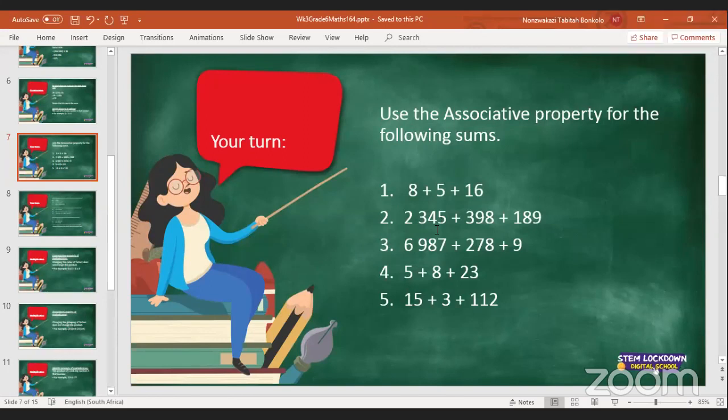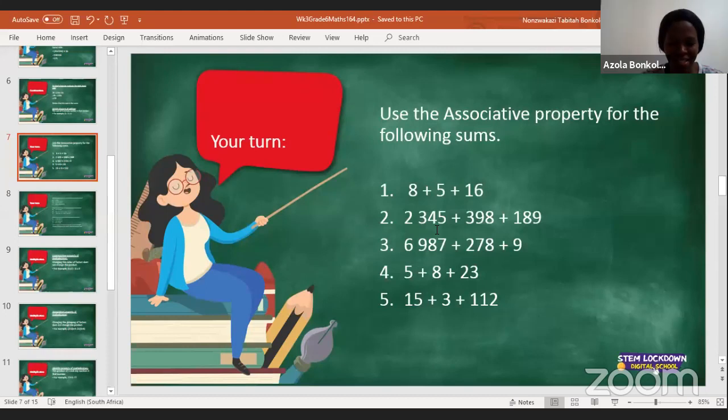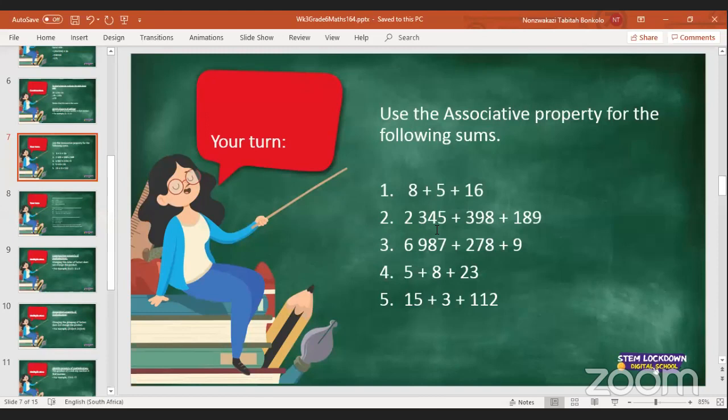Okay, well, here's Tepang back. Let me just unmute him. Tepang, let's see if you can answer. Yes, ma'am. Okay, you can give us the answer then. Yes, ma'am. You bracket 398 plus 189, ma'am. That equals 587, ma'am.